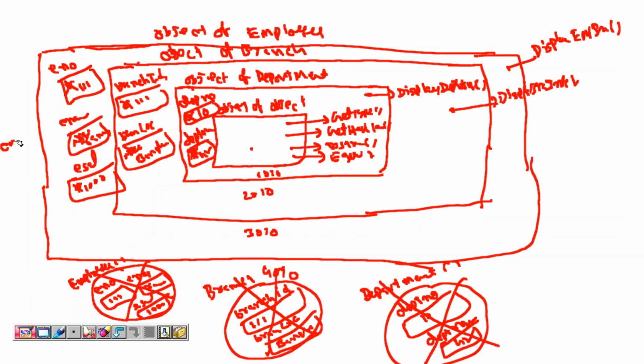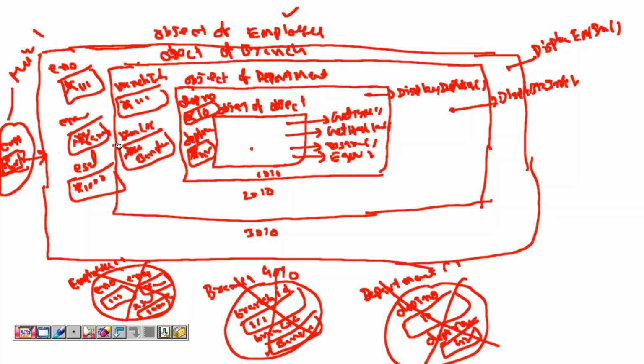That local variable name is EMP1, and EMP1 is a variable created on behalf of the main method. That's why it's a local variable. Default value will be null, and next it will be holding the address of which object? Employee class object. Variable type is Employee. That's why 4010. The variable is holding this object address.